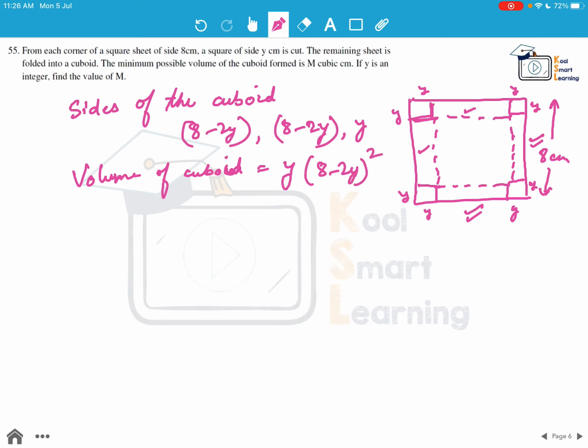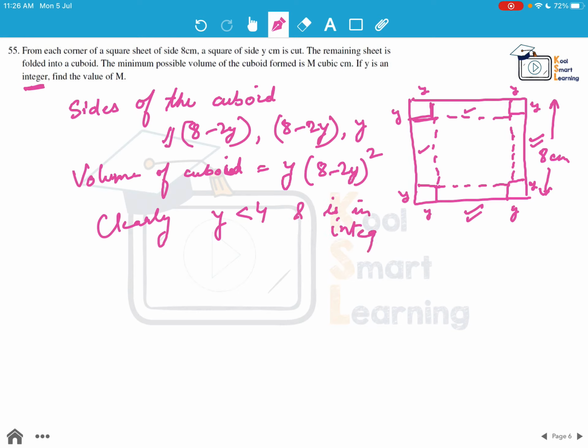Now clearly if we see this, y has to be less than 4, because what happens if y is equal to 4, the side of the cuboid becomes 0. So that means we don't have a cuboid. So that means y has to be less than 4, and it is mentioned that it is an integer.